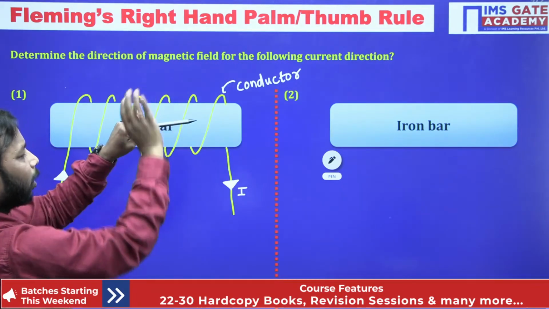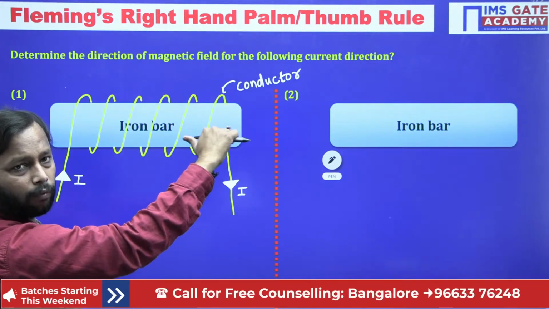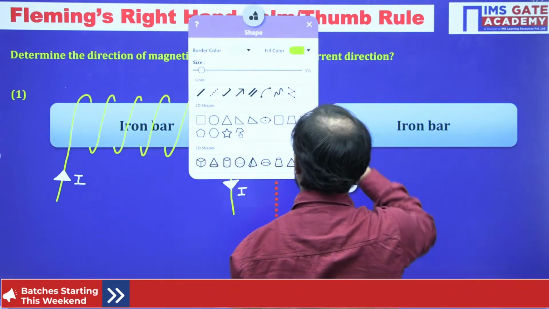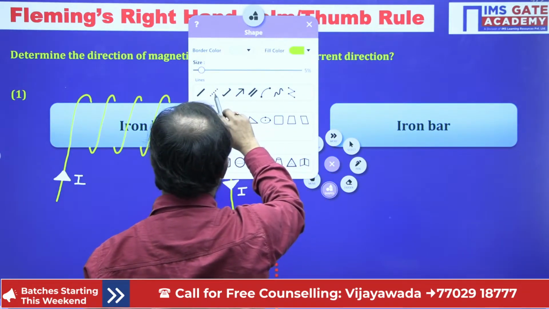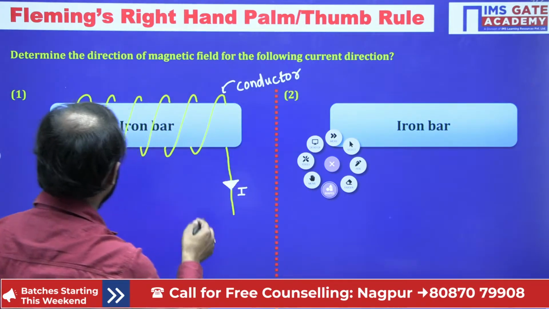So curl your forefinger in the direction of current, then the thumb shows the direction of magnetic field. So the direction of magnetic field here is from right to left. So like this.